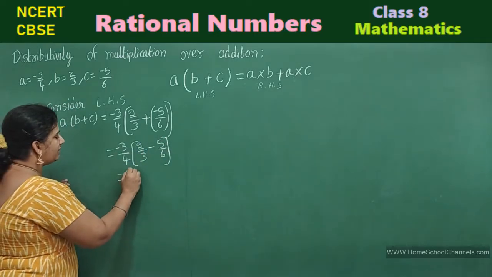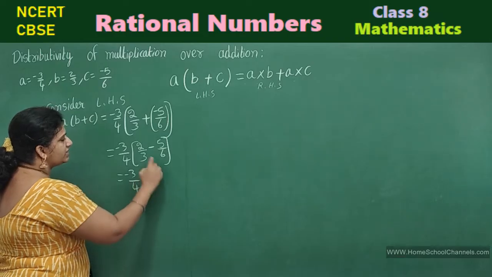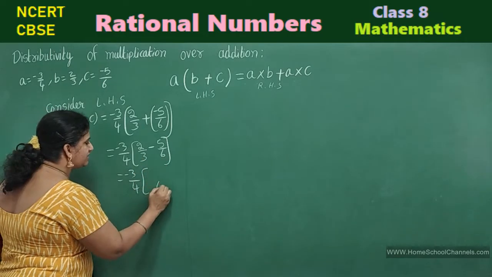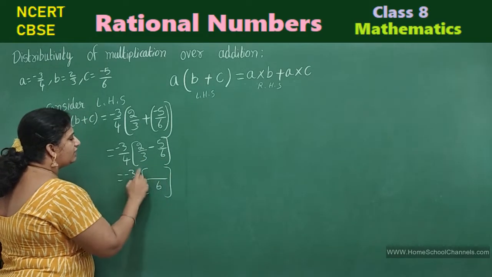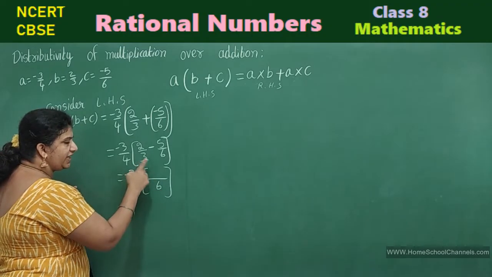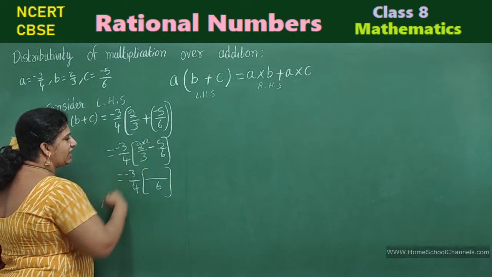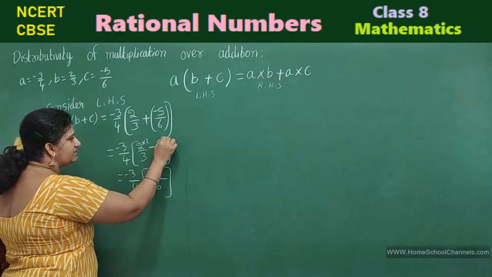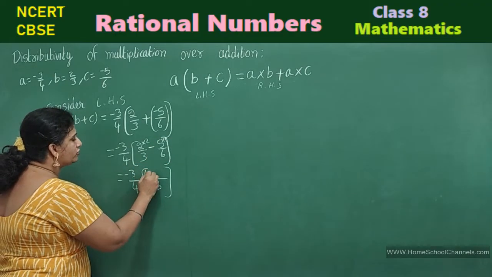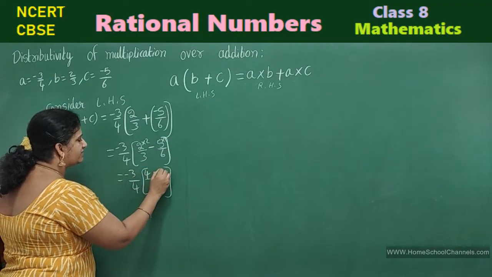Do the LCM. 3 and 6, LCM is 6. 3 twos are 6, so multiply 2 here. 6 ones are 6, multiply 1. 2 twos are 4, minus 5 ones are 5.